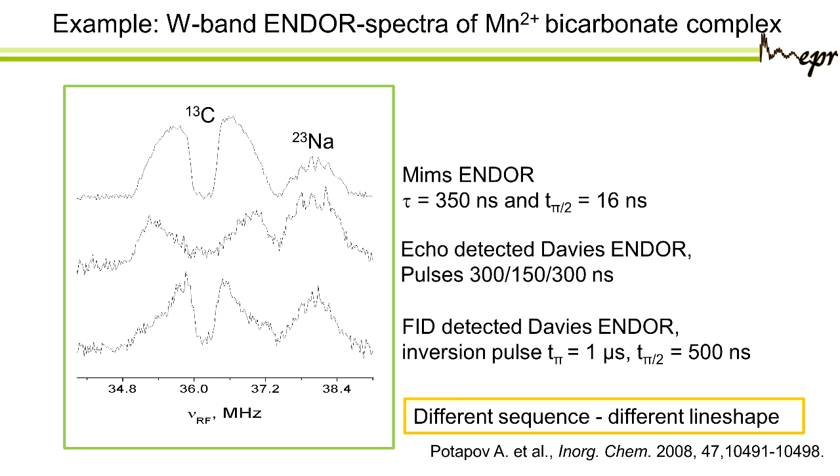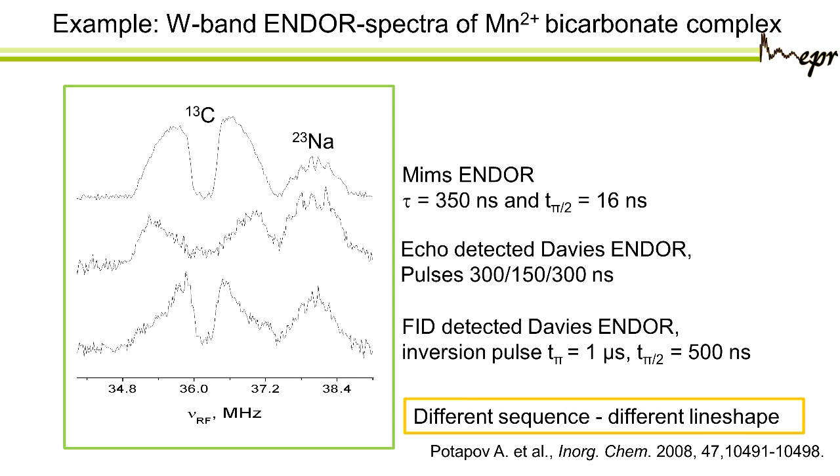So this is the Mims. Now you do a Davies ENDOR. Here you see it's very long pulses, but still you killed quite a bit from the middle, right? Now you can also do what is called FID detected Davies. Instead of detecting with an echo, you put a very, very long pulse that burns a very narrow line, and you detect this.